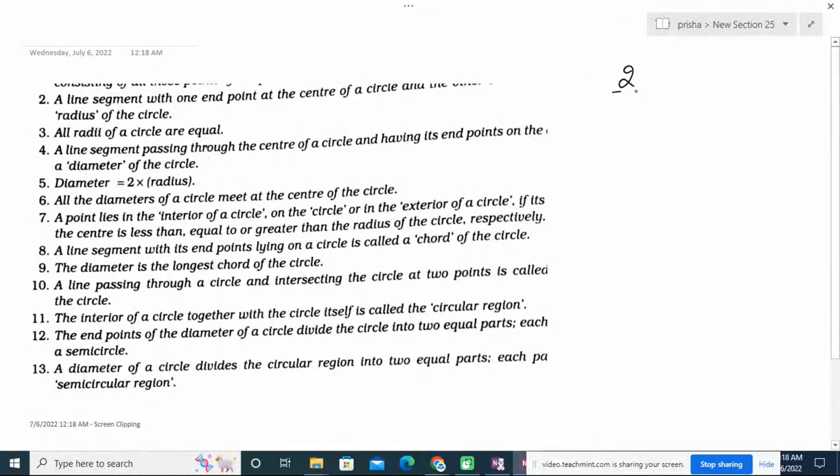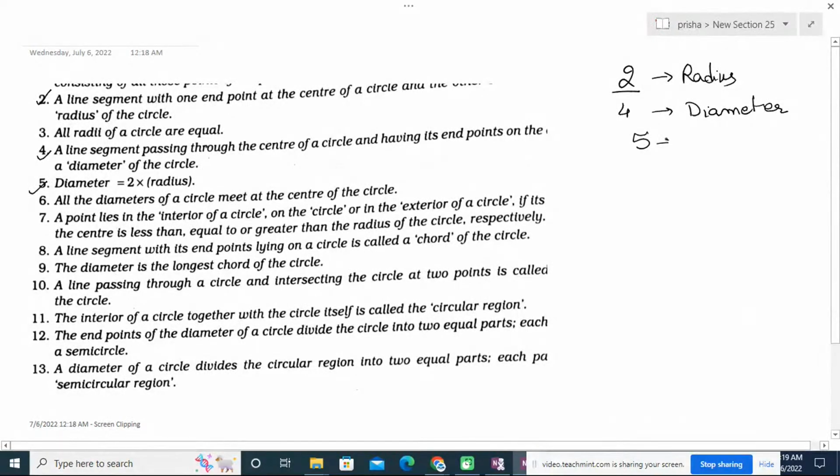Point number two, radius of the circle, diameter of the circle. Point number four, point number five, relation between diameter and radius. Now, chord of a circle, point number eight. These are the different definitions.